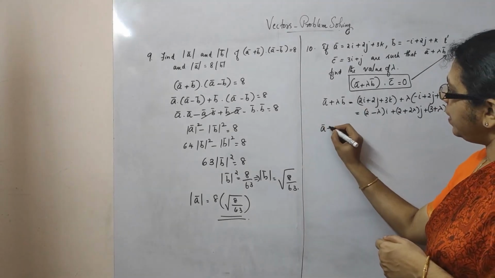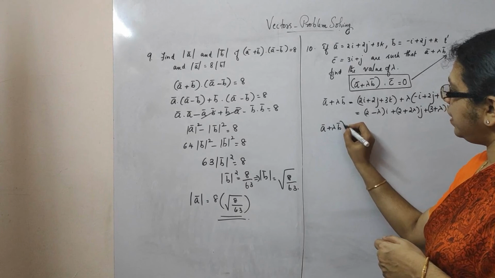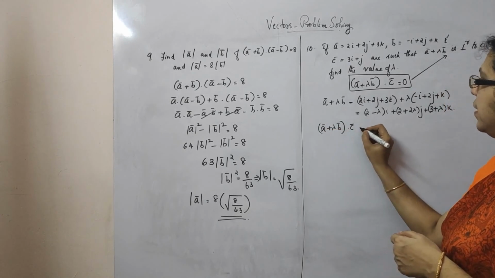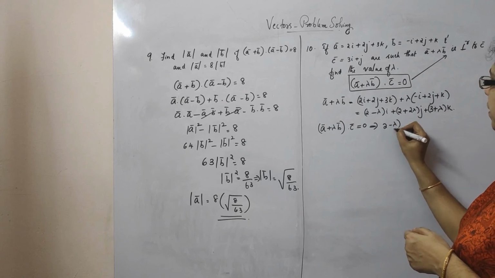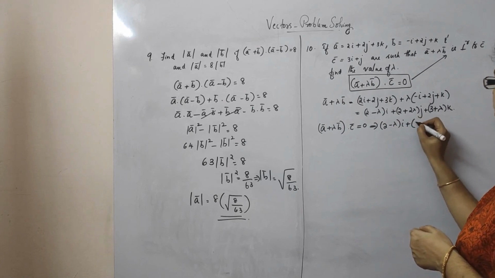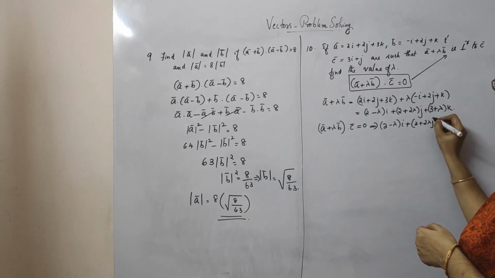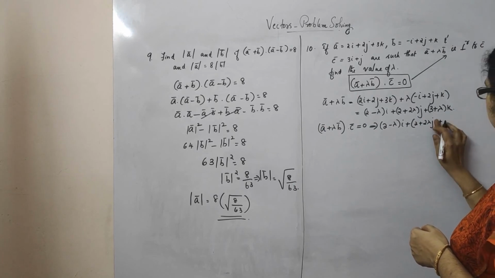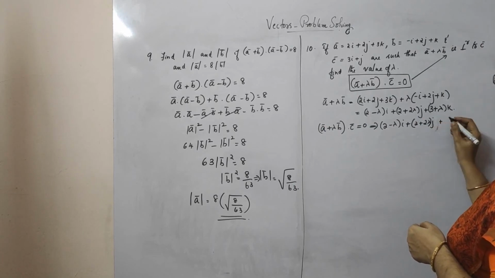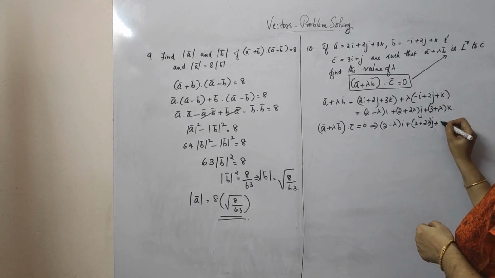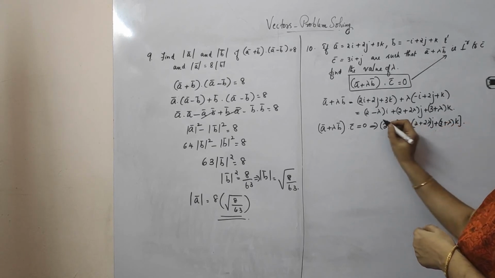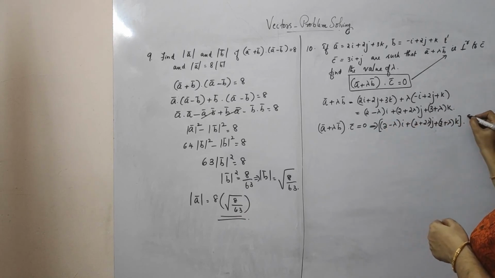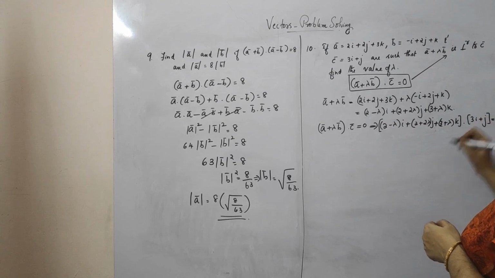Now, (A plus lambda into vector B) dot vector C is equal to 0 implies (2 minus lambda) into i plus (2 plus 2 lambda) into j plus (3 plus lambda) into k, dot, what is C? C is 3i plus j, is equal to 0.